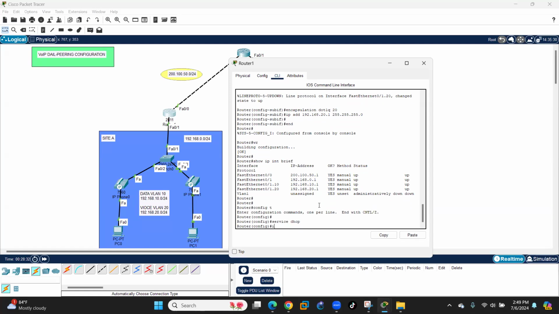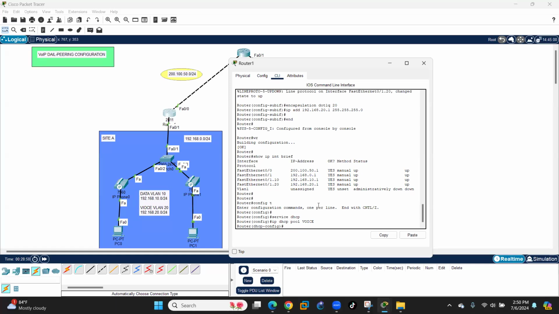That's all. Then ip dhcp pool voice. That means I'm telling the router to give this IP to the voice VLAN, that means the phone. Enter.